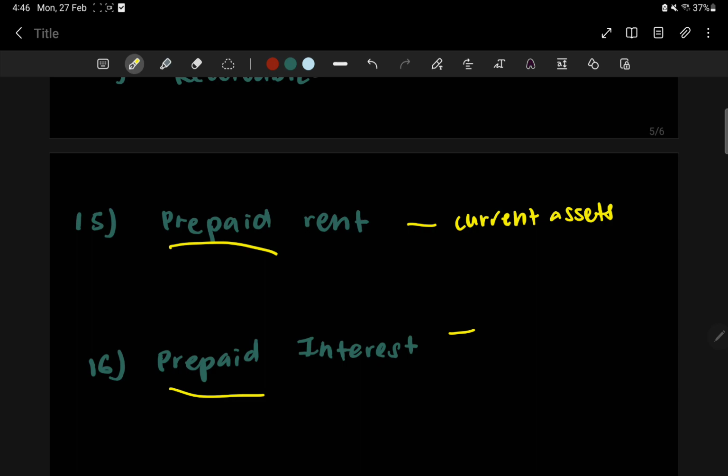For example, you order McDonald's from Food Panda using online banking, like FPX or debit card or credit card, whatever it is. You pay first, then you receive the food later. That is what we call prepaid. So prepaid is a current asset. The same goes for prepaid interest as well.